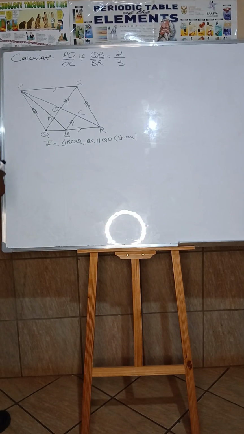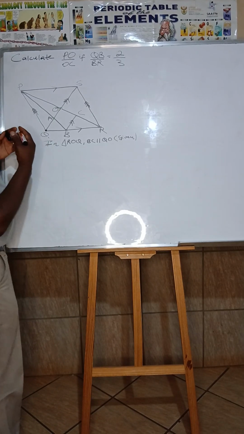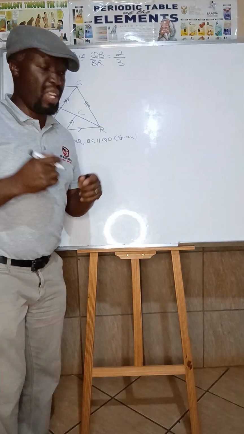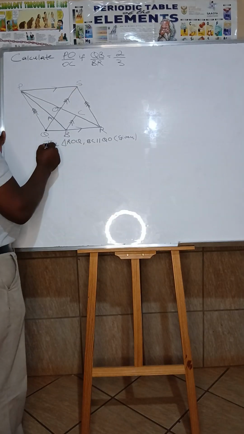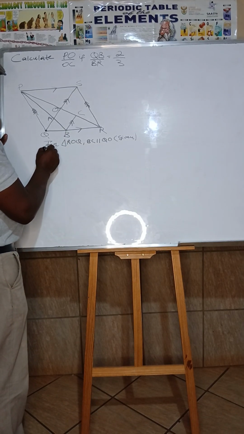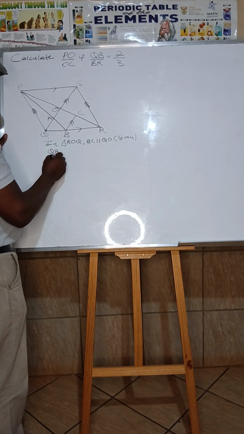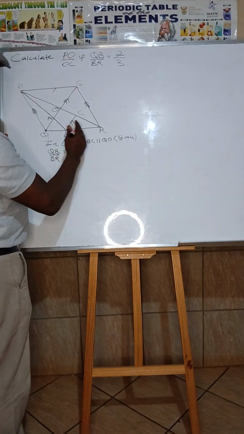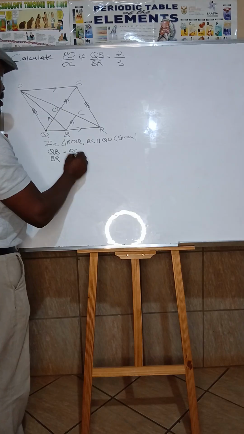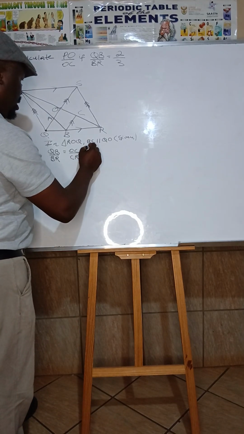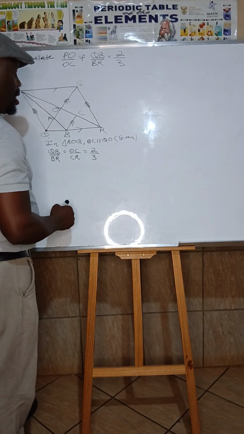Now, that being the case, we can move on to a point wherein we will have to apply the proportionality theorem. In applying the proportionality theorem, we're simply going to say QB over BR is equal to OC over CR, which is also equal to 2 over 3.